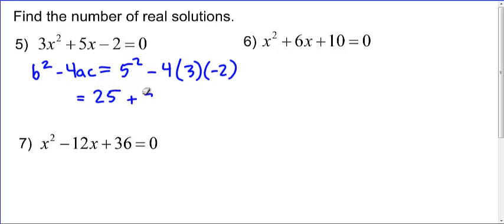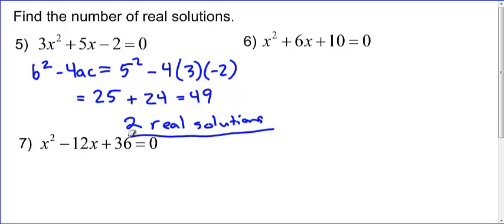So it ends up being plus 24, which is just simply 49. Now it's nice to know that it's 49, but quite honestly, with these instructions that say find the number of real solutions, we need to know, is it positive, negative, or is it 0? And so in this case, we get 2 real solutions because the discriminant is positive.